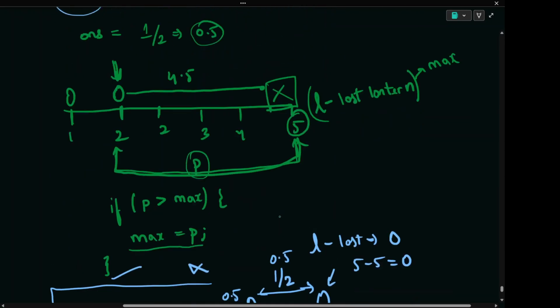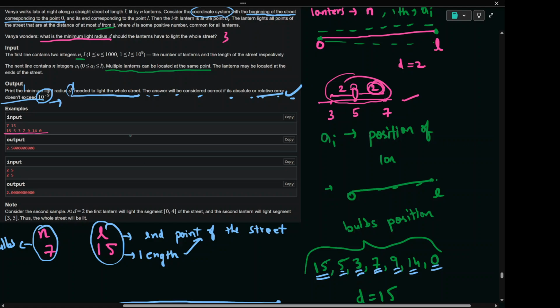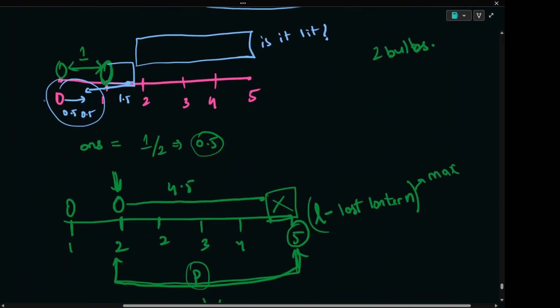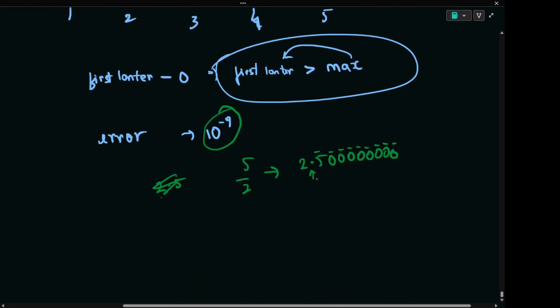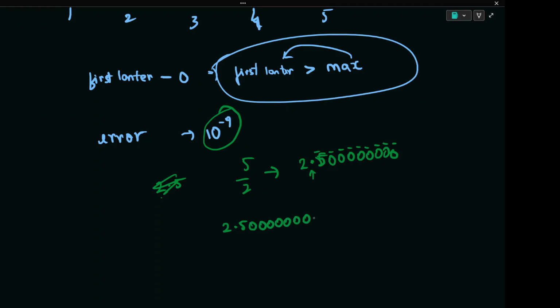So what was the question? 9 places after the point. What did they say? Considered correct if absolute error or relative error doesn't exceed 10 to the power minus 9. That means it is only considered till 10 to the power minus 9, that means only till 9 places.